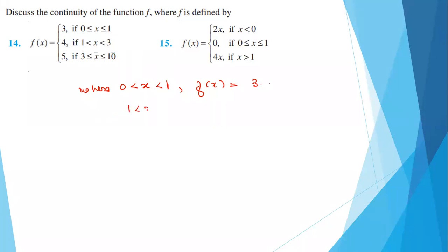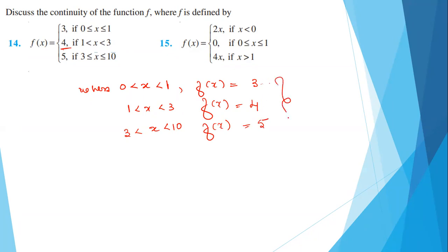And when x is between 1 and 3, what is our function? Function is equal to 4. So f of x is equal to 4. And 4 is also a constant. And even when x is between 3 and 10, then also we have f of x is equal to 5.